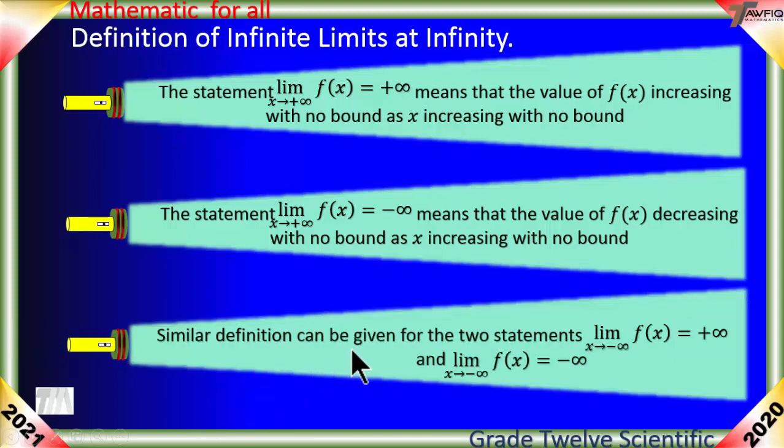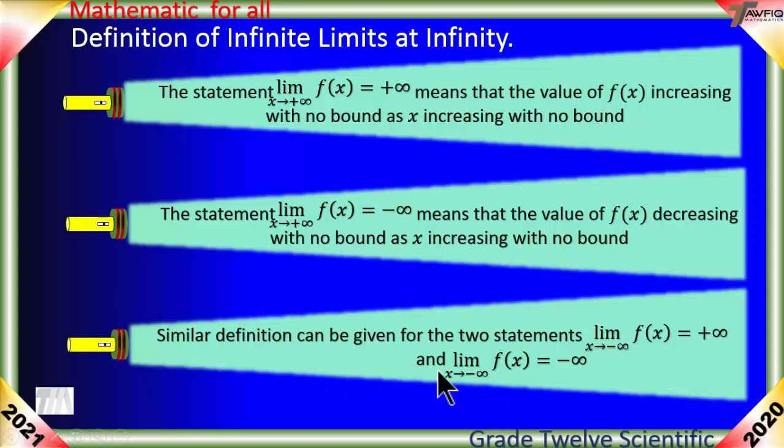Similar definitions can be given for the two statements. Limit as x approaches minus infinity of f(x) equals positive infinity. That means when x approaches negative infinity, that is, when x becomes smaller and smaller, f(x) approaches positive infinity. That means f(x) becomes bigger and bigger.